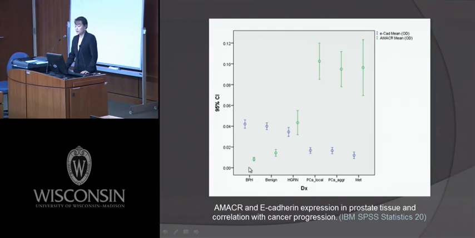As you can see, MCAR expression is significantly elevated in high-grade PIN and prostate cancer compared to the benign prostate tissue. And E-cadherin is decreasing as the cancer progresses, which is consistent with published data. So this experiment verifies the vector system and the multiplexing IHC.